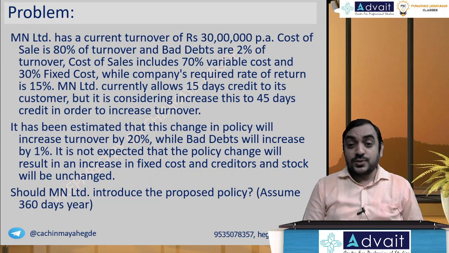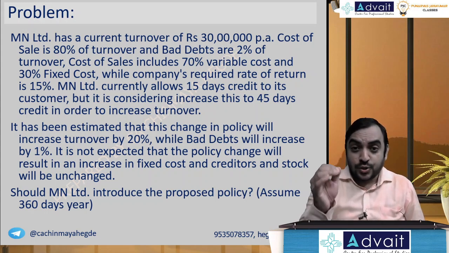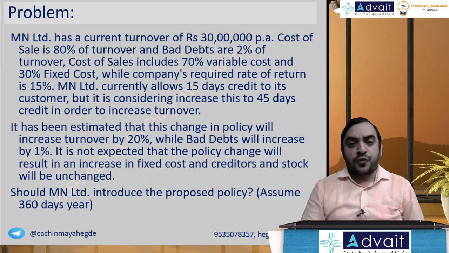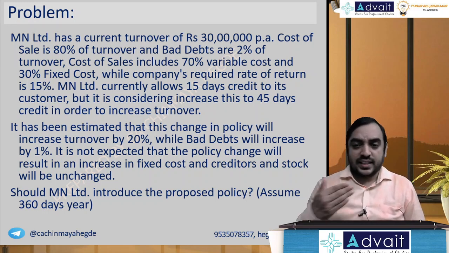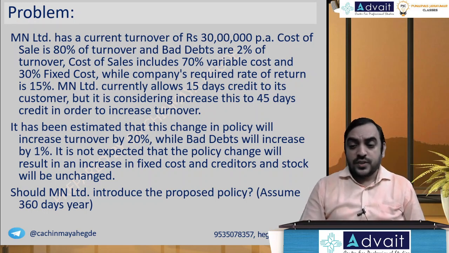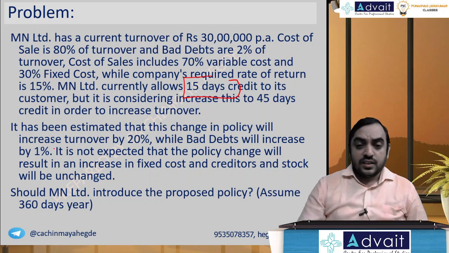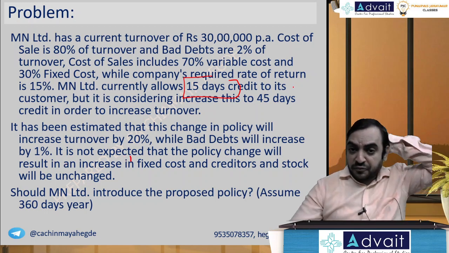So when a proposal comes, what should you do? You should evaluate like this. So the format we discussed now, let us solve it. What is our existing policy? Currently it is to allow 15 days, and we are increasing it to 45 days.